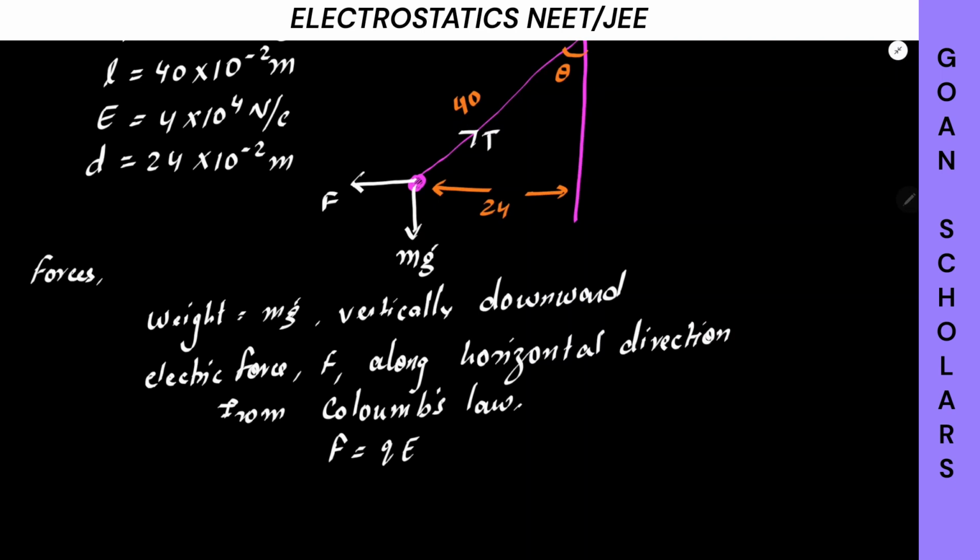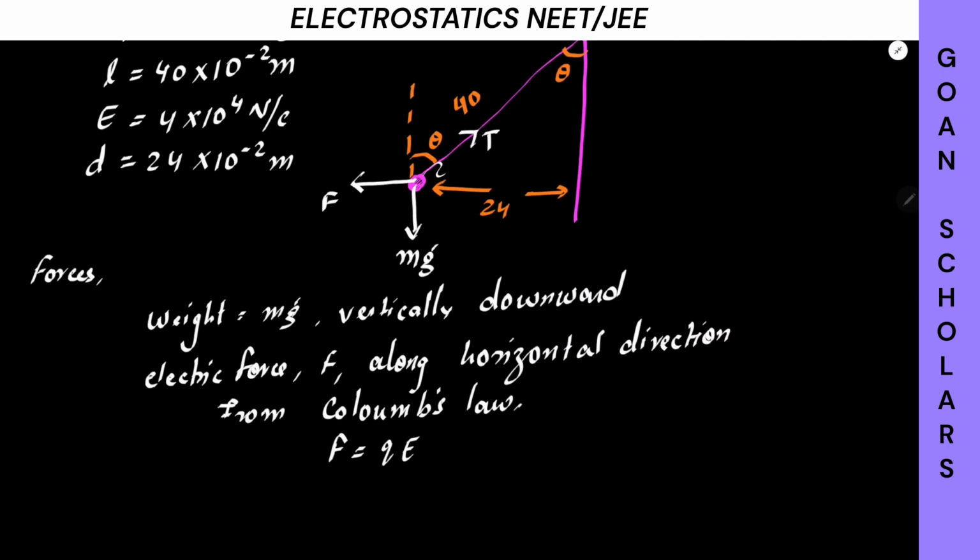So let's write here T. If I draw a line parallel to our wall, then this angle will be theta, alternate angles, because this is vertical and that is also vertical. So that will be angle theta.